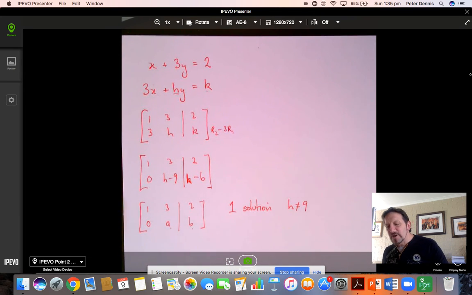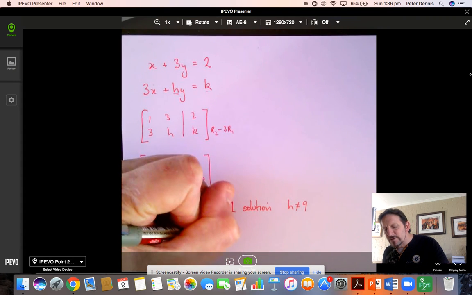So what happens if h is 9? If h is 9, then we're going to have 9 minus 9, so we're going to have a 0 there, which is a problem. But if there is a 0 here as well, then it is fine.